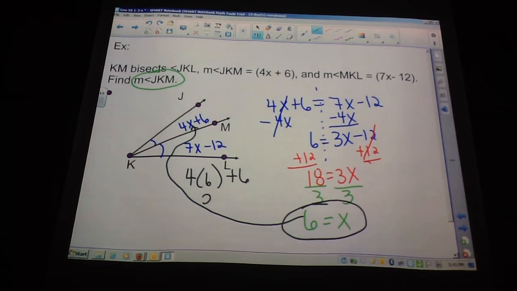Multiplication comes before addition, and then 24 plus 6 will give me 30. So the measure of angle JKM equals 30 degrees. Go ahead and mark that degrees because there is another angle measure.